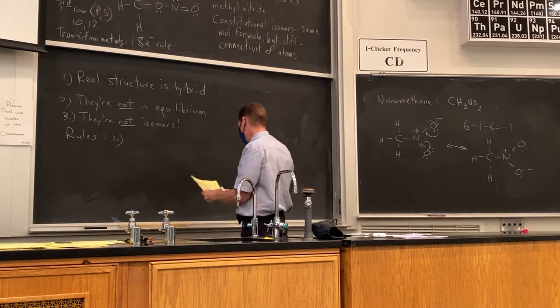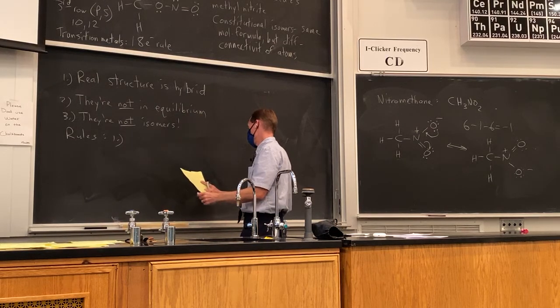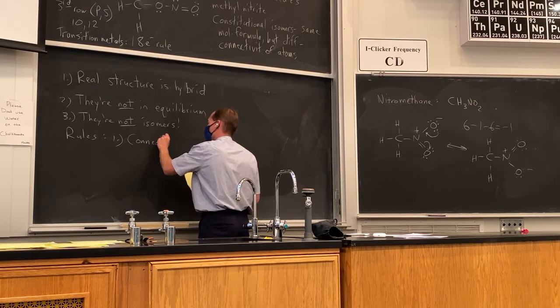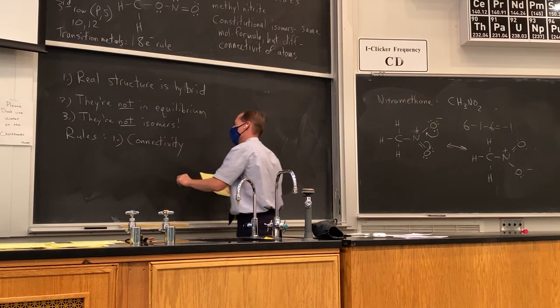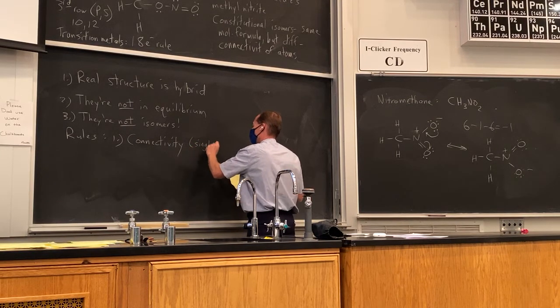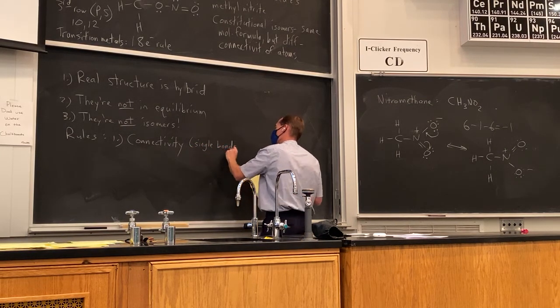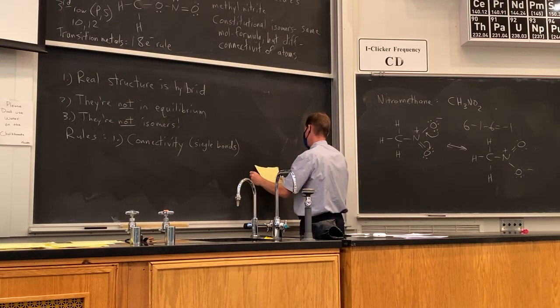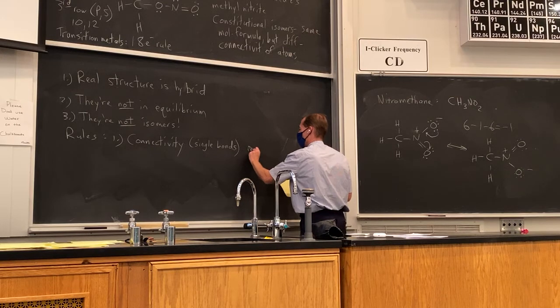The first rule that we're going to have is that for structures to be resonance structures, the connectivity, which is the single bonds connecting those atoms, must be the same.